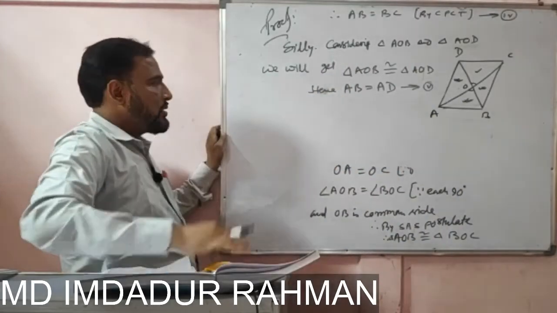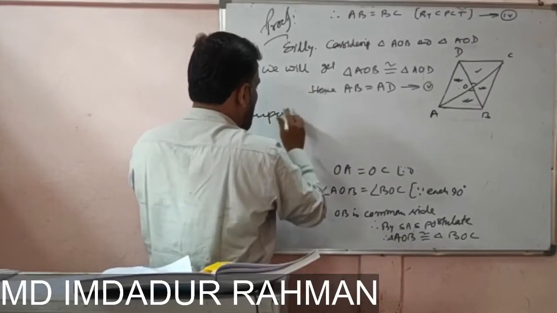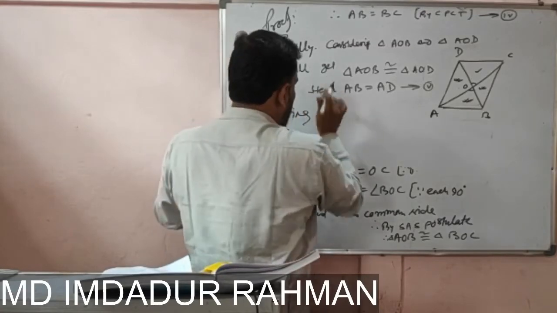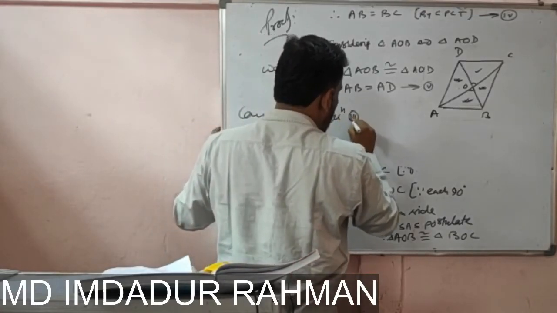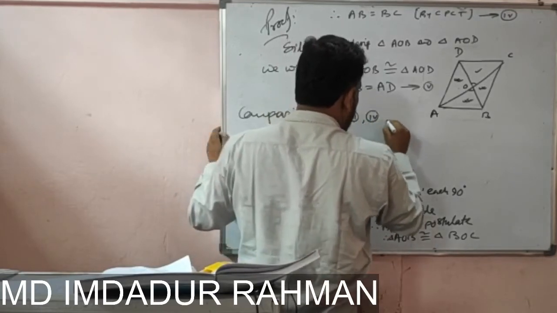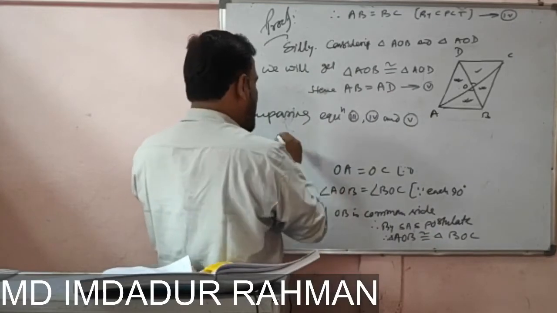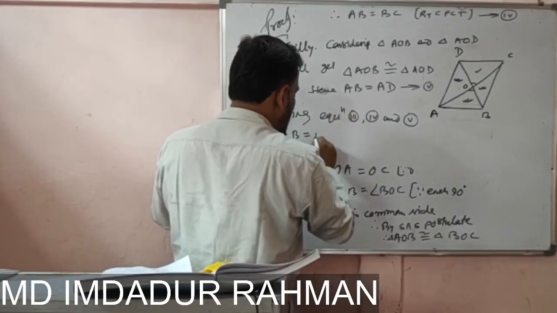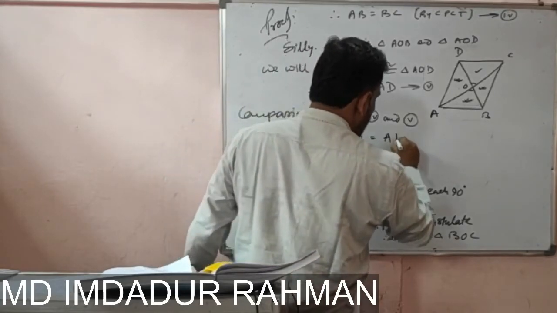So you can write, comparing equations 1, 3, 4 and 5, we will get AB is equal to BC is equal to CD is equal to AD.